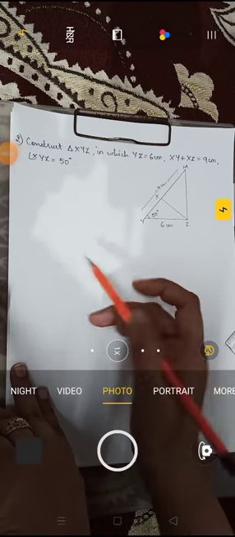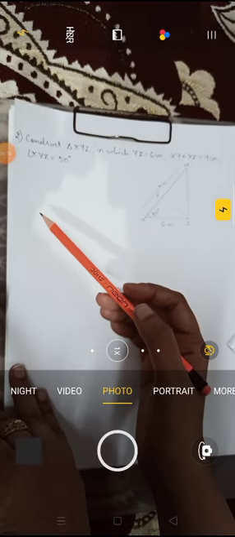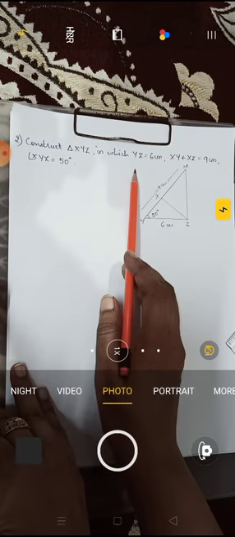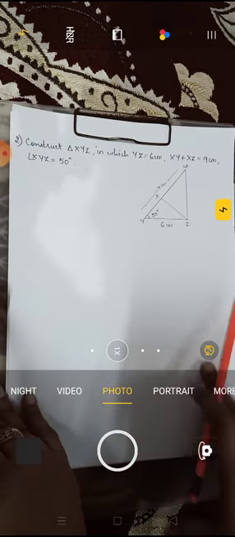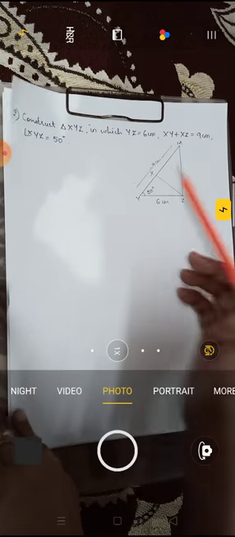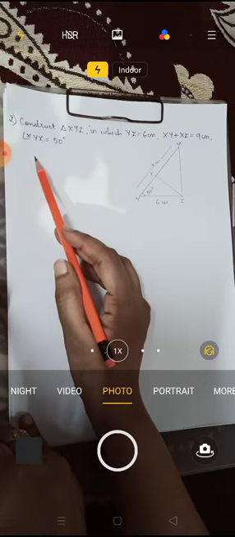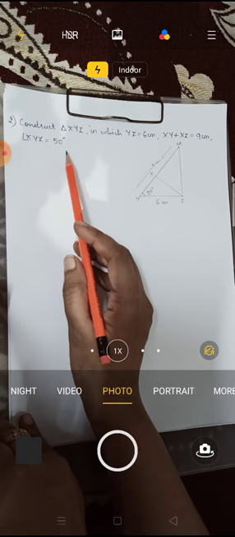Okay children, now second question. Construct triangle XYZ in which YZ is equal to 6 centimeter and XY plus XZ is equal to 9 centimeter, and angle XYZ is equal to 50 degrees.